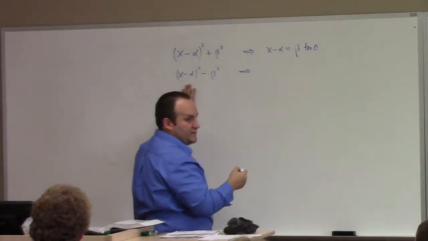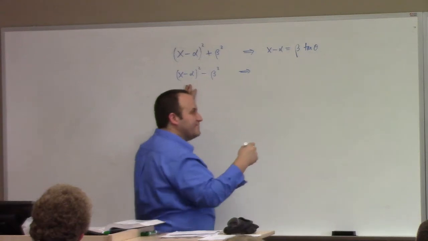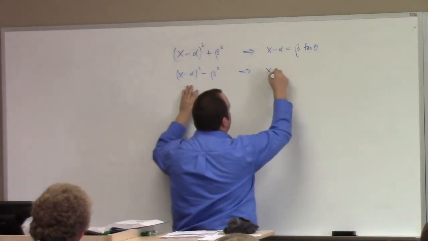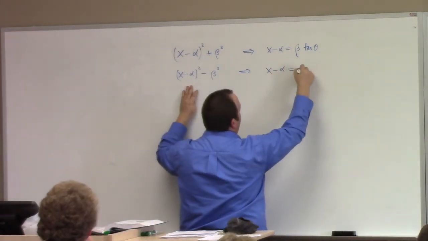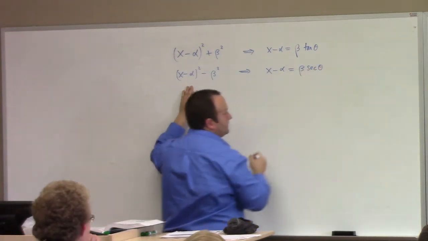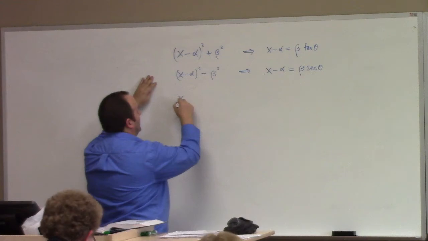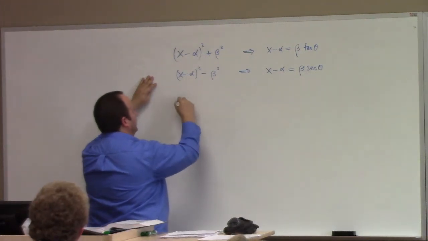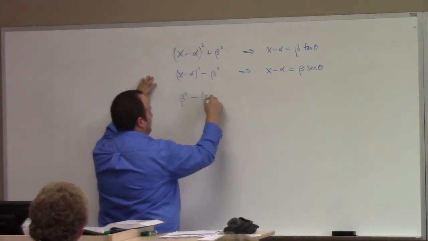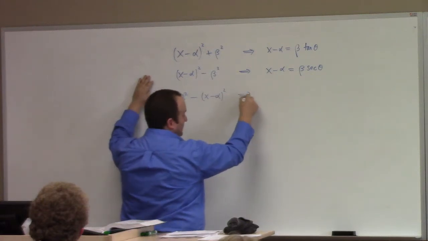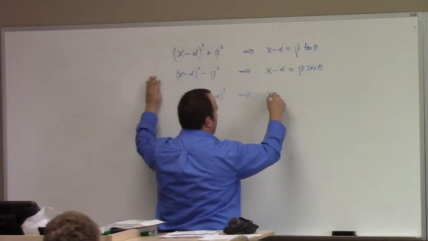Then square root of minus cosine squared is in trouble. Secant, yeah. So the pattern is if we've got beta squared minus x minus alpha squared, then this one is what you just said, sine. It's a good substitution.